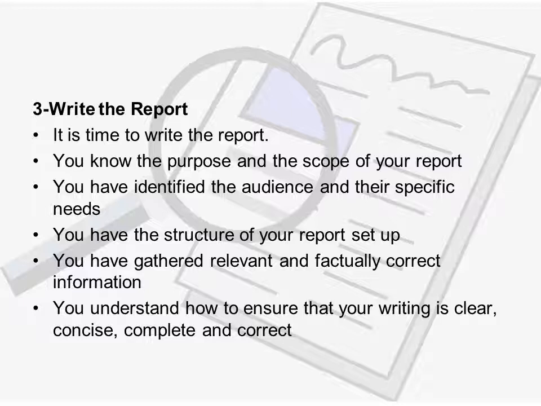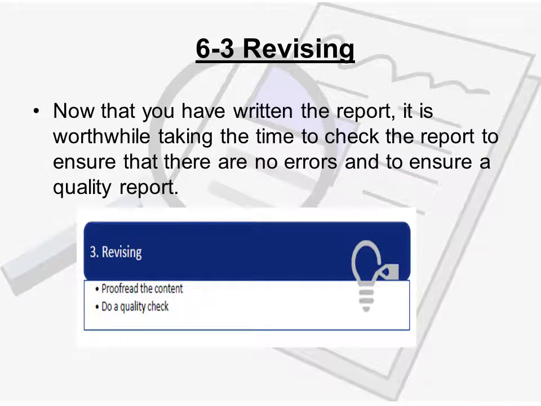The reporter should gather the internal and external information, the primary and secondary data, to gather relevant and factually correct information. You understand how to ensure that your writing is clear, concise, complete, and correct.